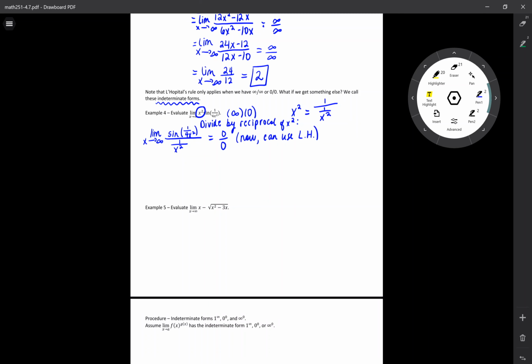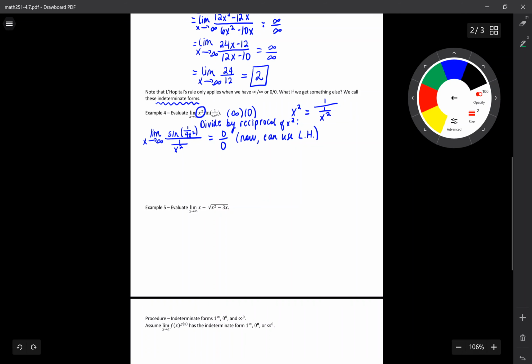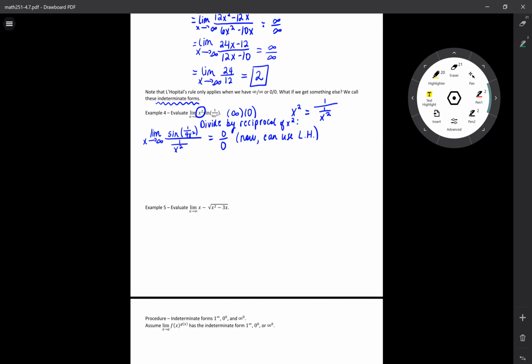So I need to take the derivative of the top and the derivative of the bottom. In order to take the derivative of the top, I'm going to have to use the chain rule. So let's do this off to the side here. So I have sine of 1 divided by 4x squared. That means that my outer function will be sine of x.